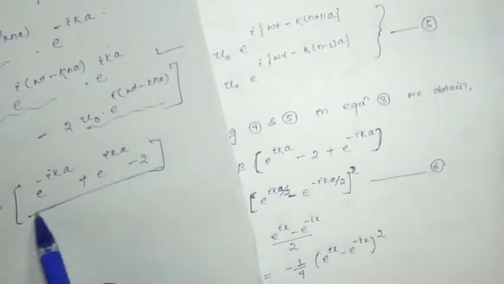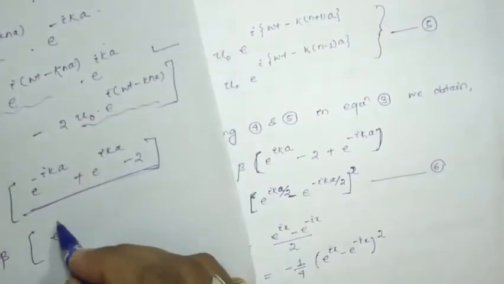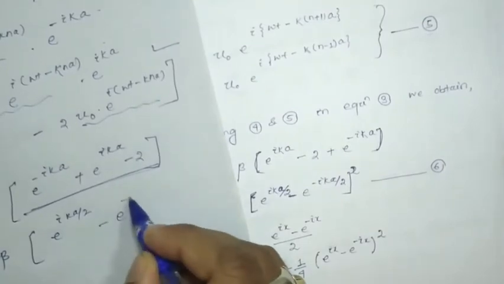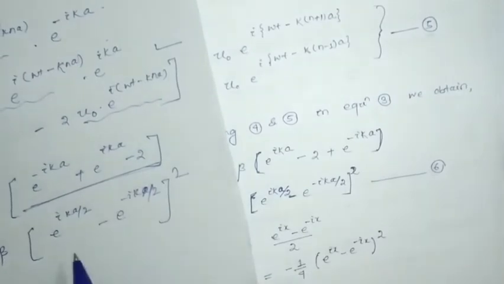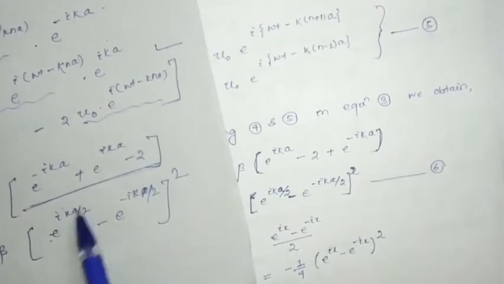This is nothing but beta of e to the power ika by 2 minus e to the power minus ika by 2, whole square, that is a minus b whole square. If we expand a minus b square, it will be a square plus b square minus 2ab.